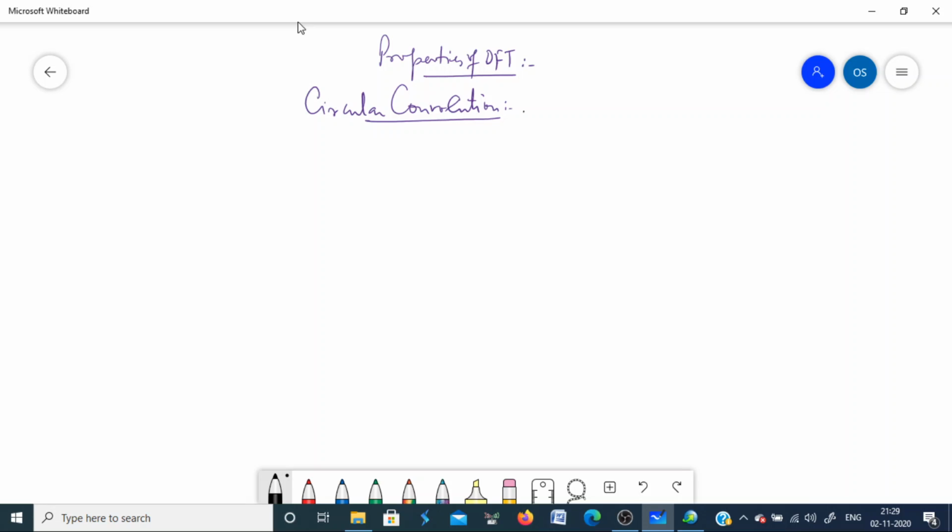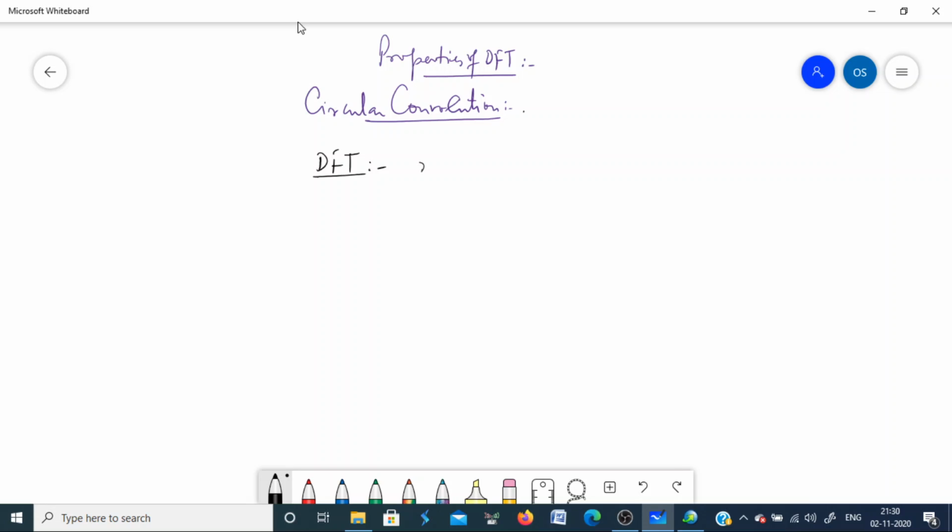Okay, in the previous classes, we have discussed the discrete Fourier transform, DFT. We've seen that DFT is obtained by sampling the frequency spectrum in the frequency domain.